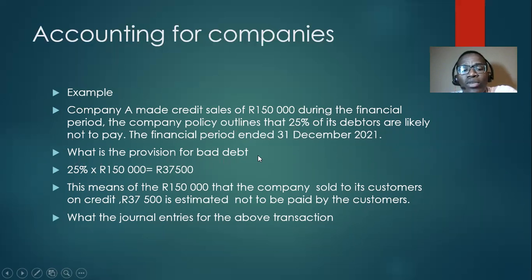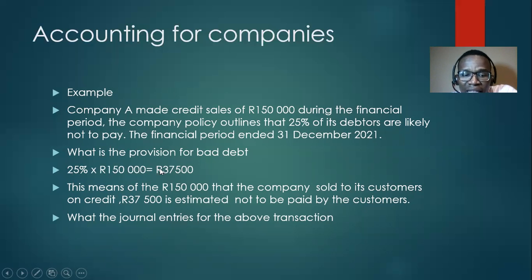We said provision for bad debt is an estimate of how many of your customers that you sold on credit will not be able to pay that debt back, right? Which the company says it estimated to be 25%. So it's like it made credit sales of 150 and 25% won't be able to pay.